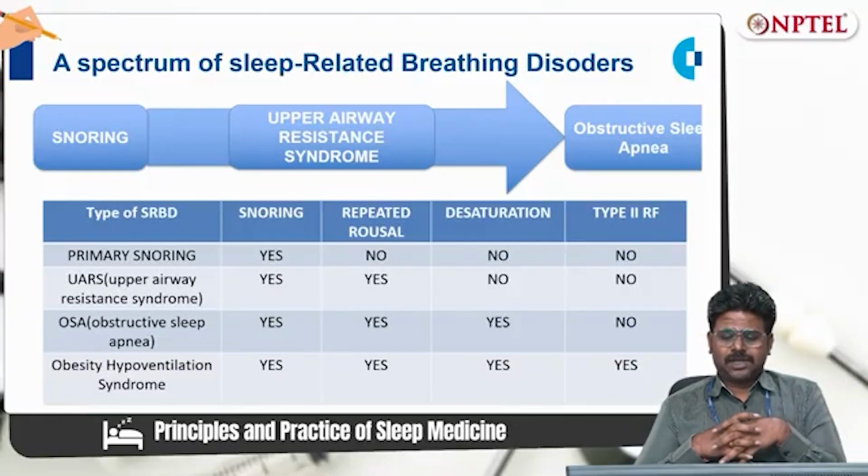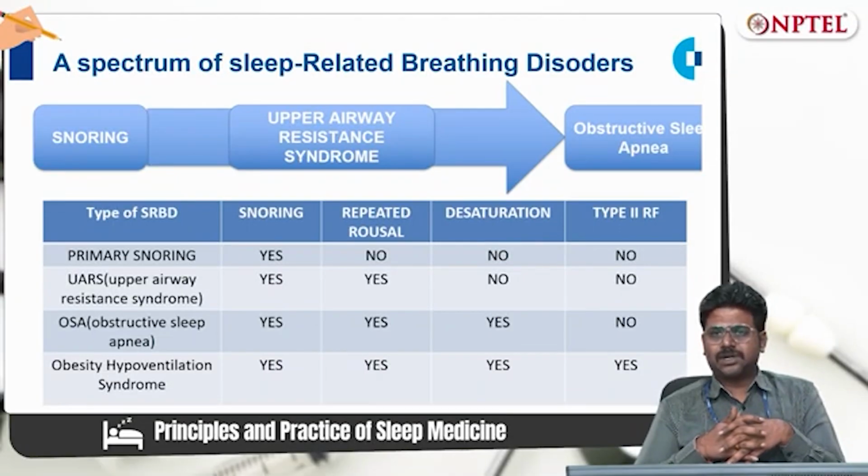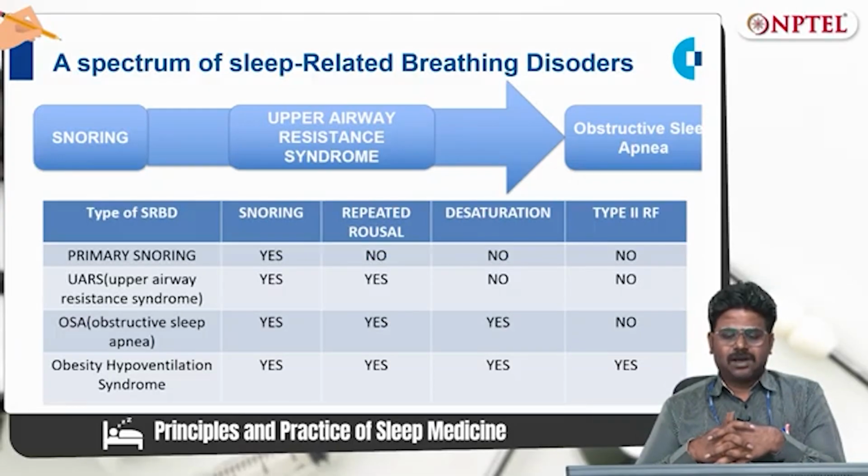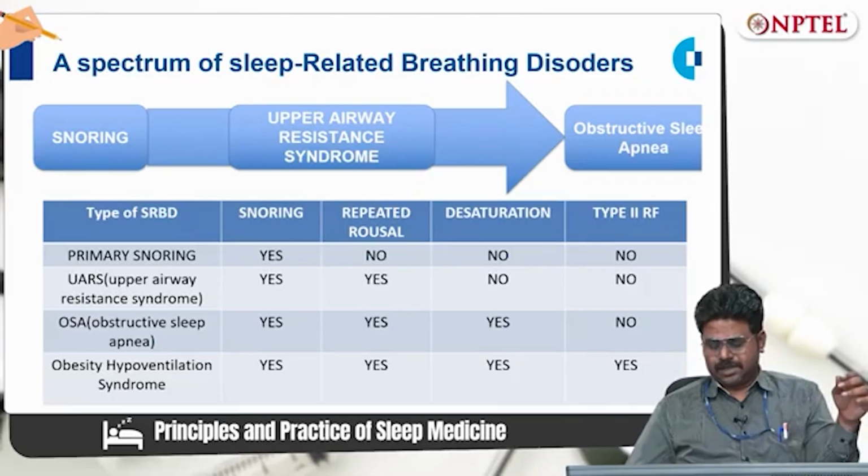In primary snoring, the patient presents only with snoring. In upper airway resistance syndrome, snoring and repeated arousal. In OSA, snoring, repeated arousal, and desaturation. In obesity hypoventilation syndrome, all of these symptoms, and can present with type 2 respiratory failure.